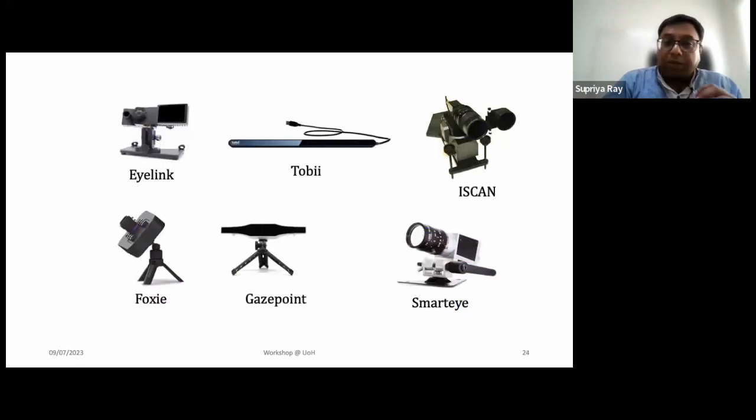There are many kinds of eye trackers available nowadays, based on this kind of infrared video-based eye tracking technology. These are a few common or popular eye trackers you can think of, and their price has a very wide range.